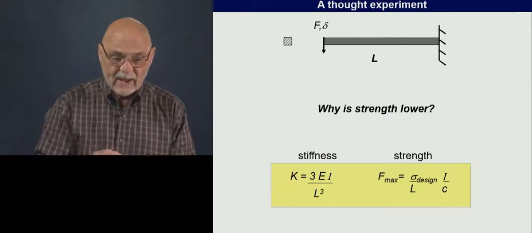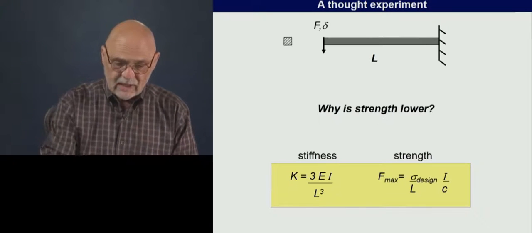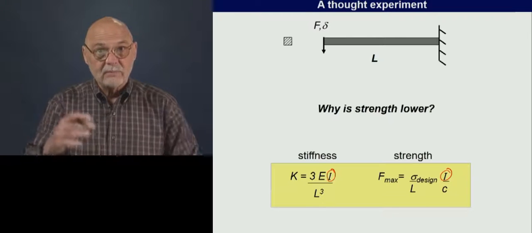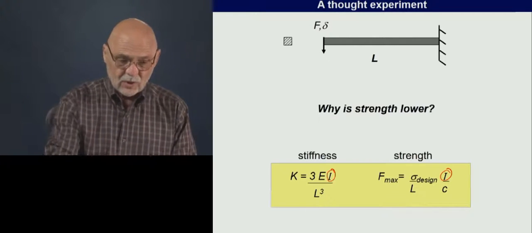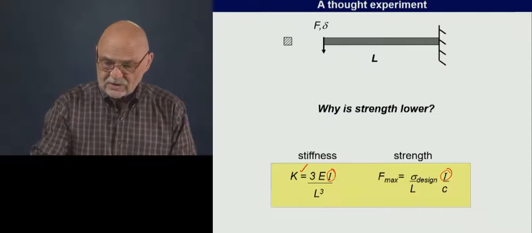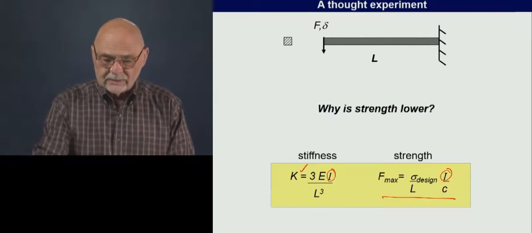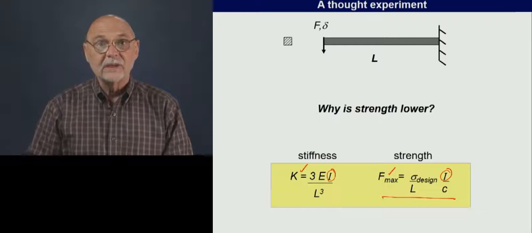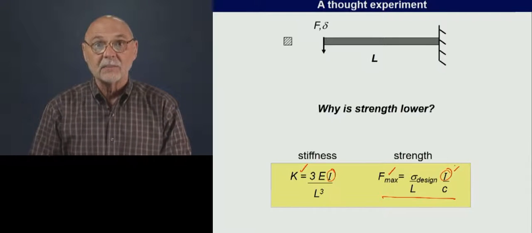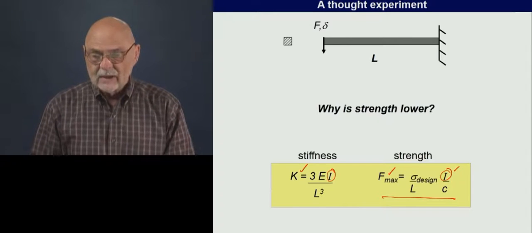Why is that? When we look back at our governing equations, we're increasing I for that thin wall beam, making it taller and taller. So as we saw, the stiffness is greater. But when we look at this second equation, it looks like the strength should be greater, since it's proportional to the moment of inertia as well.